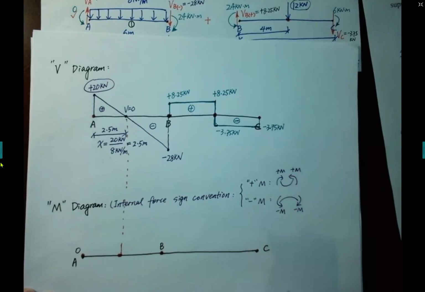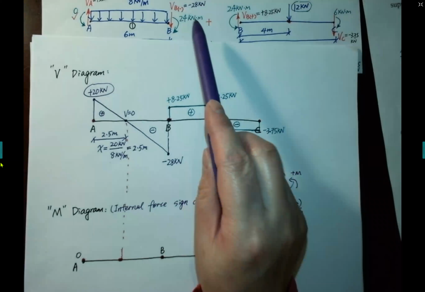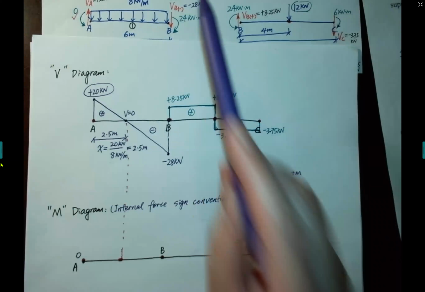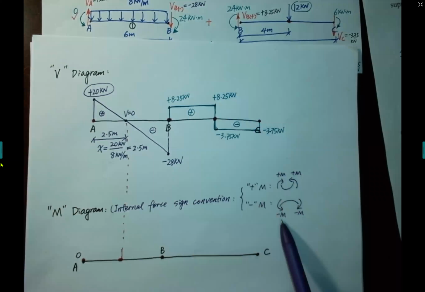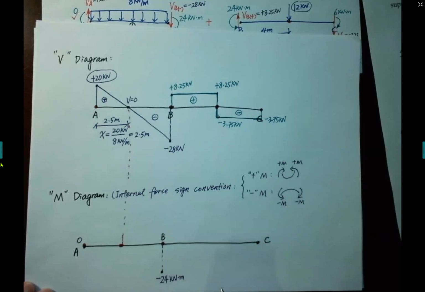So according to that sign convention, we notice that this 24 here is top in tension, so it should be negative 24 kilonewton meter, and here we refer to the internal force sign convention.